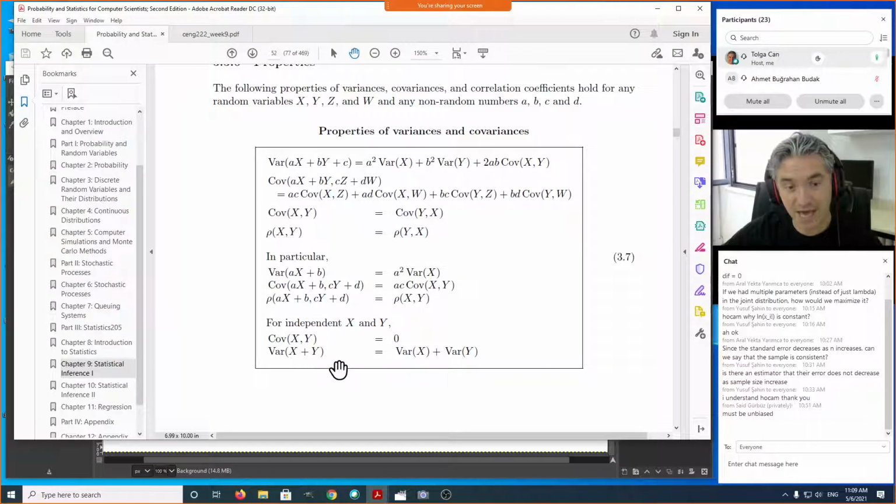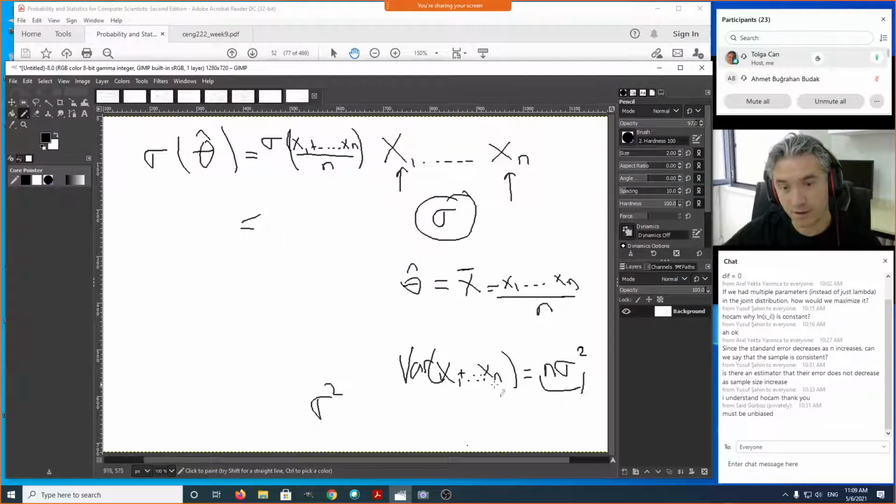So if we have n of these variables which are independent from each other, it's going to be n times the variance of x. If the variance of x is sigma square, this last equation that you see here is used to find the variance as n times sigma square. So it's a summation of n sigma squares.